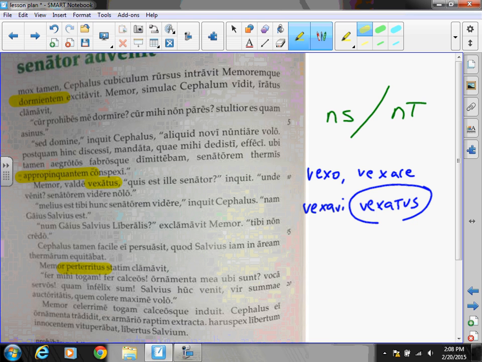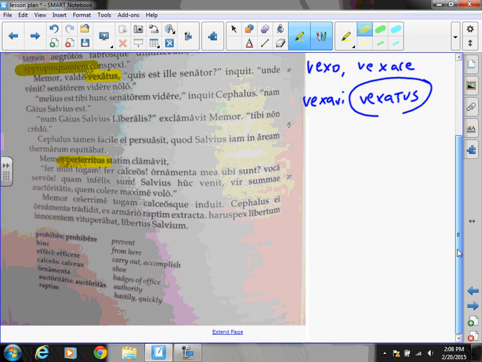And I'm not seeing, scroll up. Oh, and then we have one more here. We have extracta. That's one of our vocab words. The fourth principal part of extraho is extractus. So that is why I have a perfect passive participle.